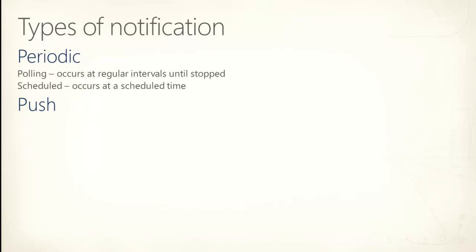To do periodic notification, you can either poll at regularly scheduled intervals, although you're kind of controlled on what intervals there are, and you can also schedule it to go at a given time. There's also push notification, which means, in theory, you could write something that leverages SharePoint push notification services and talks to Windows push notification services and actually have it update in real time.